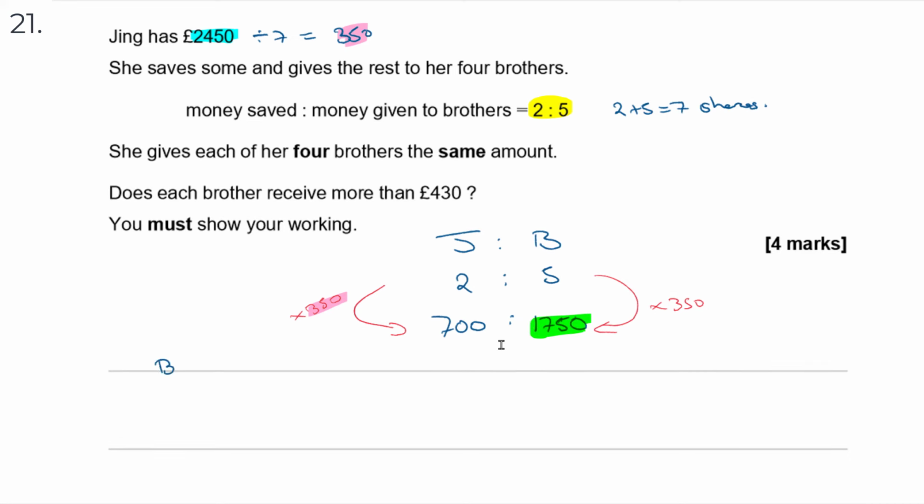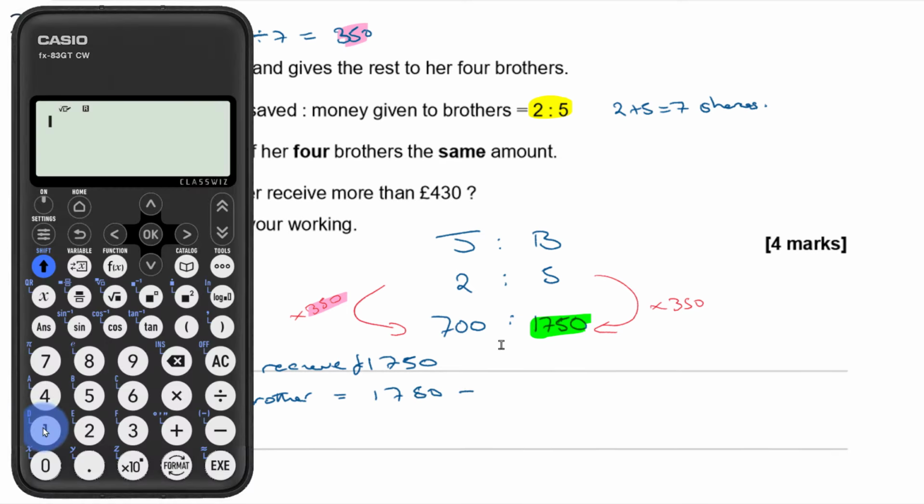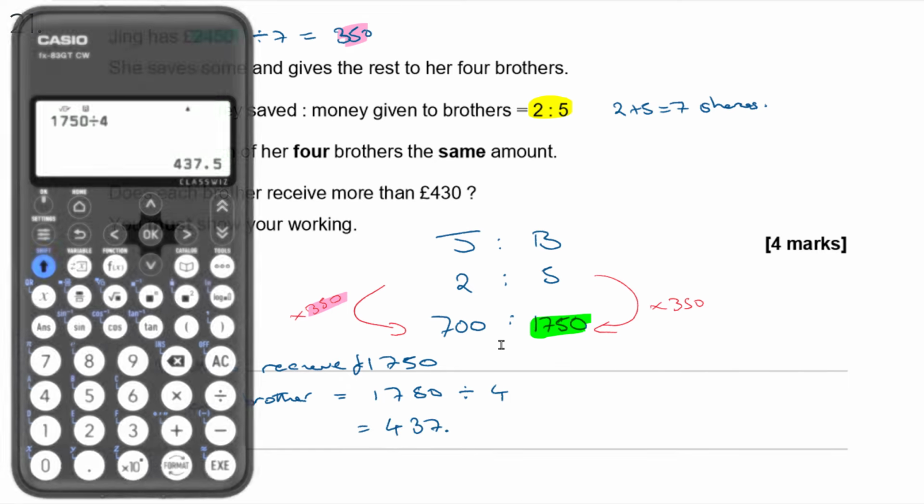So brothers receive £1,750. So each brother is going to get 1750 divided by 4 then, aren't they? So if I take that 1750 and divide it by 4, I get £437.50.